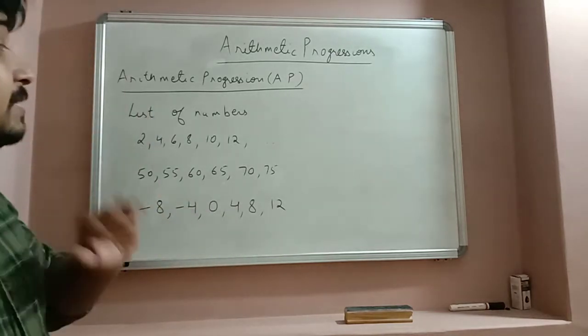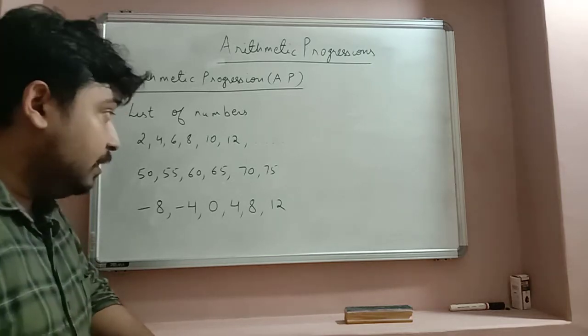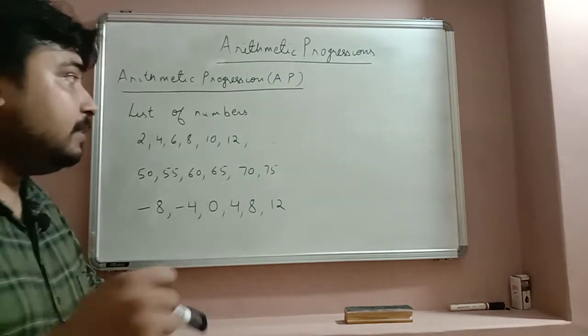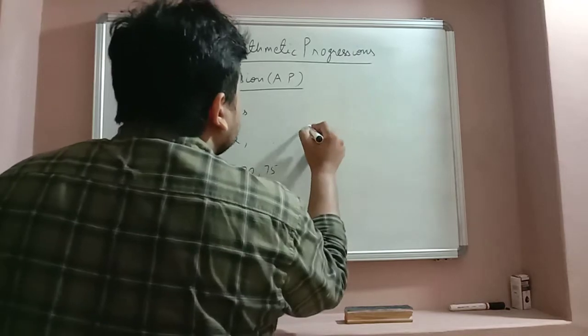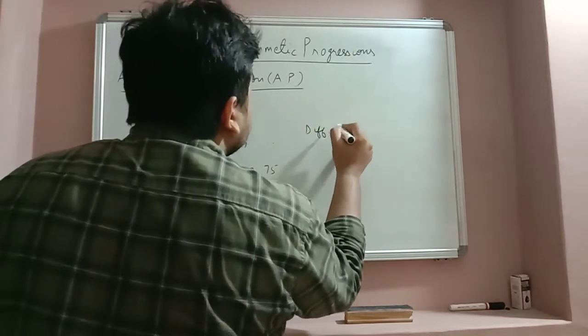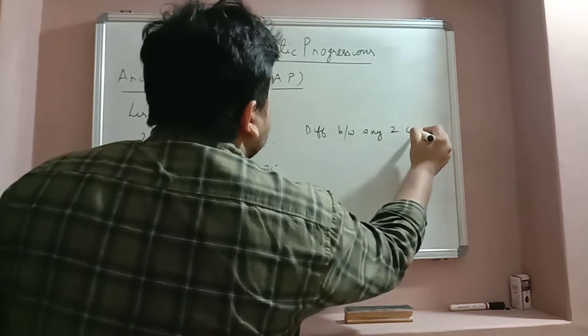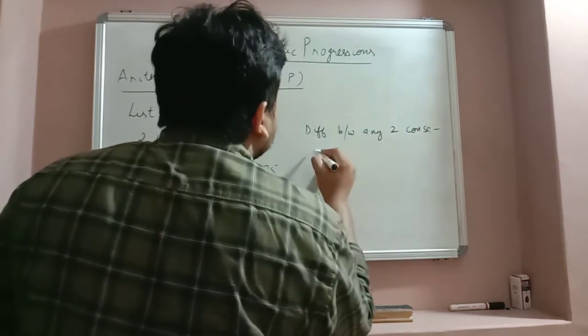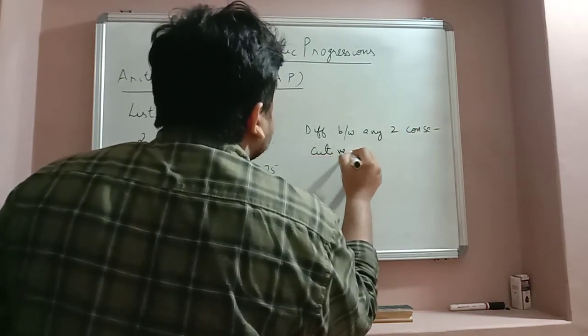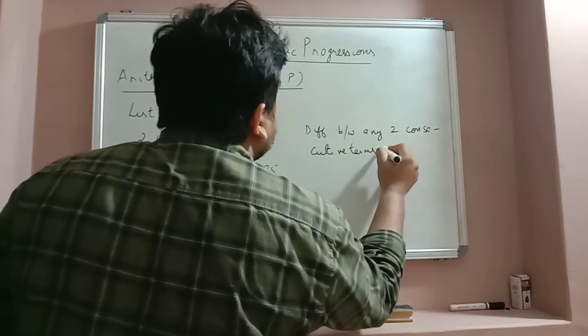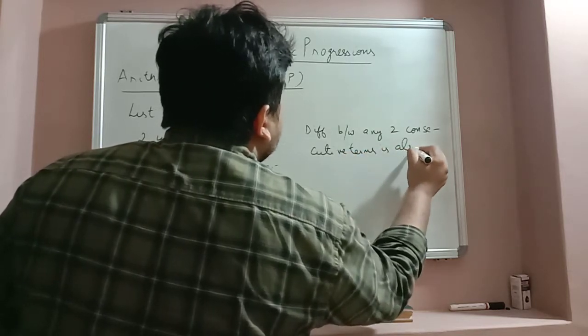Now in all these lists, we have a common thing, that the difference between any two consecutive terms is always constant.